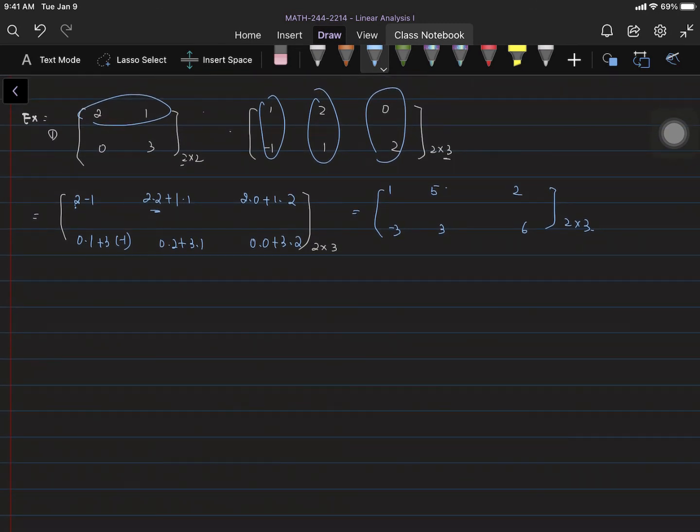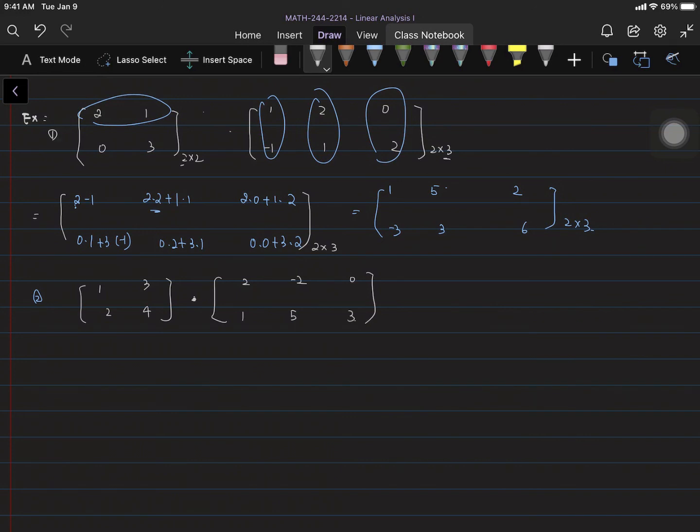Let's try one more: 1, 3, 2, 4 times 2, negative 2, 0, 1, 5, 3.